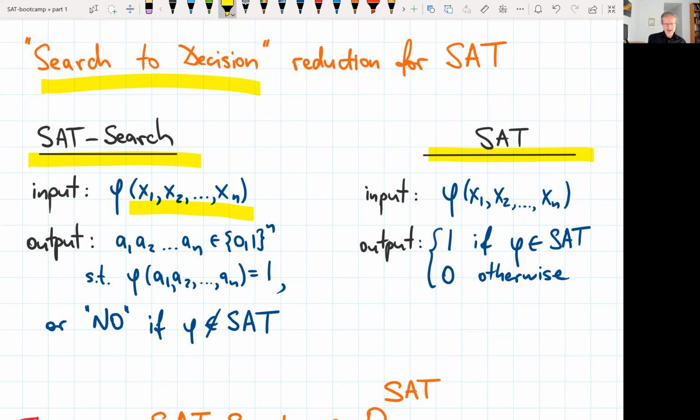So you're given a formula phi in SAT search, and you want to output some, maybe lexicographically first, but it doesn't matter, some assignment to the variables such that the formula evaluates to true under that assignment. So you want to find some satisfying assignment. Of course, if the formula is not satisfiable, this is not possible, then you have to say, no, I cannot do that. So can you solve SAT search if you know how to solve SAT?